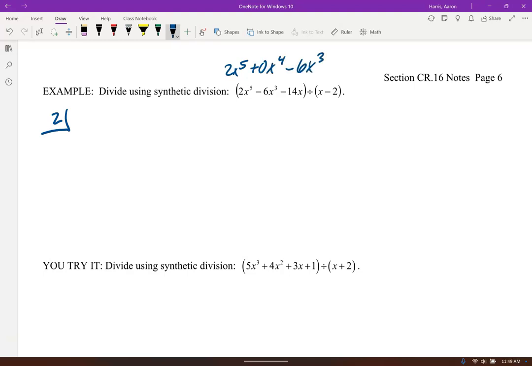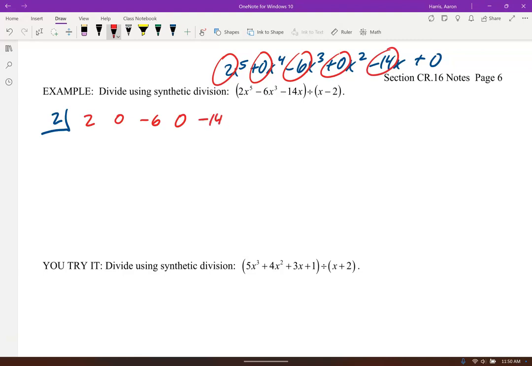There is an x to the 3rd term, there's no x squared term, minus 14x, and there's no constant. So I'll write those: 2, 0, negative 6, 0, negative 14, and a 0 constant on the end. Make a little box in the bottom right for my remainder.